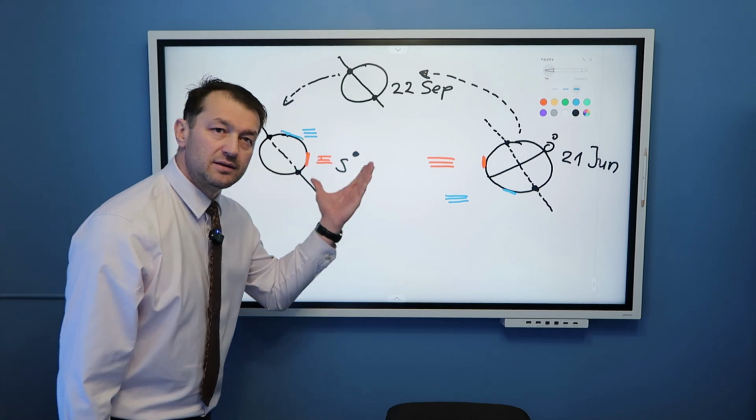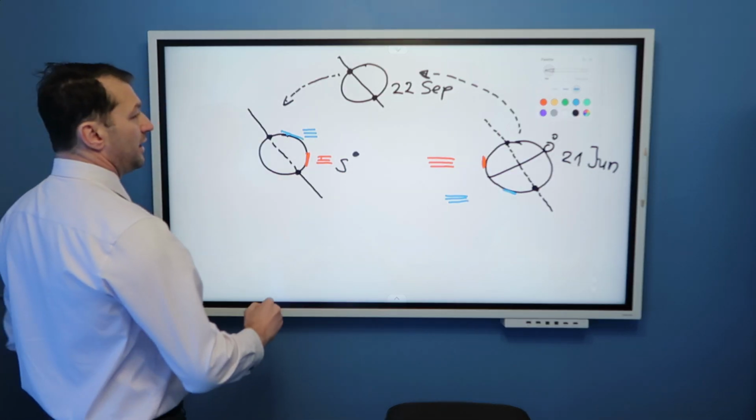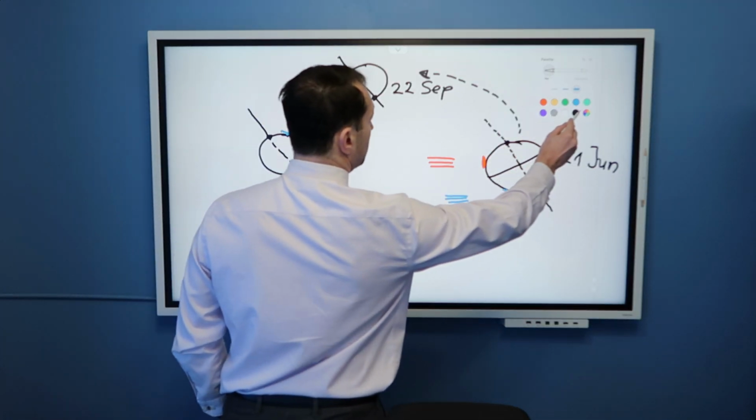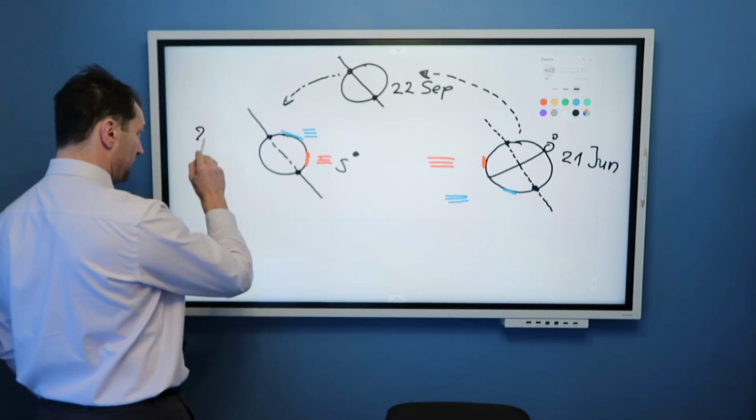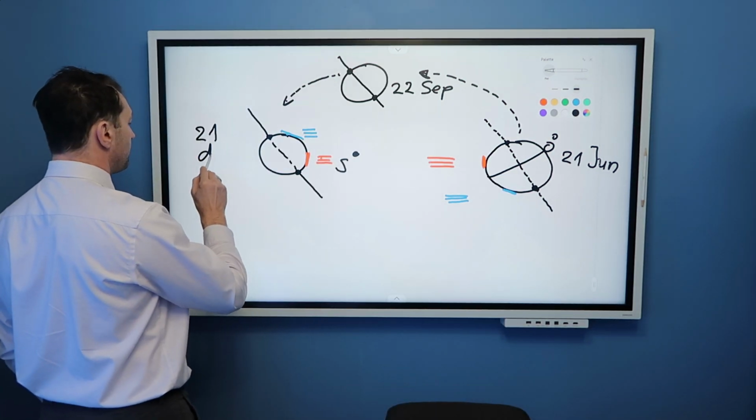This is winter in the Northern Hemisphere, and winter, of course, starts on 21st December.